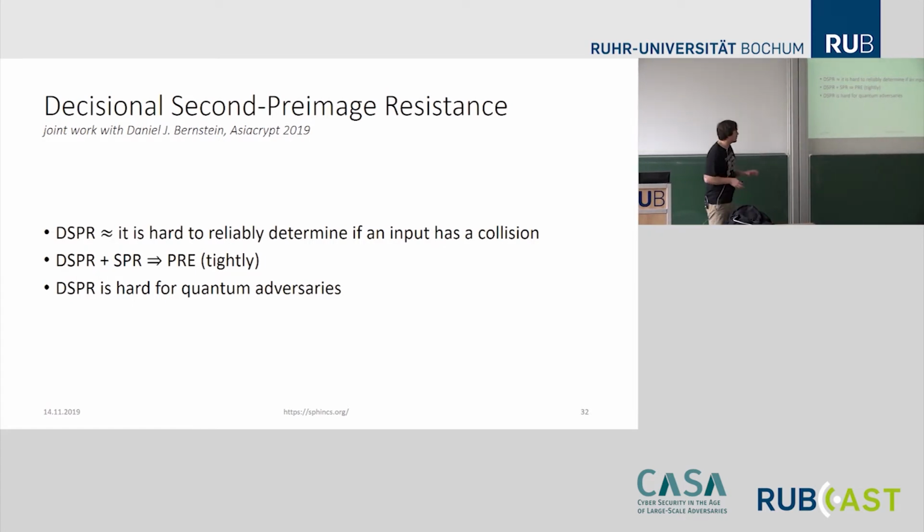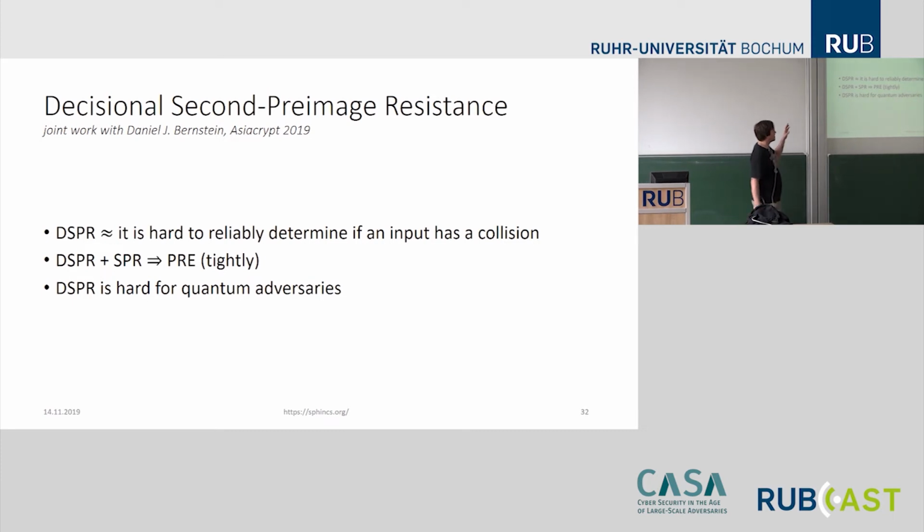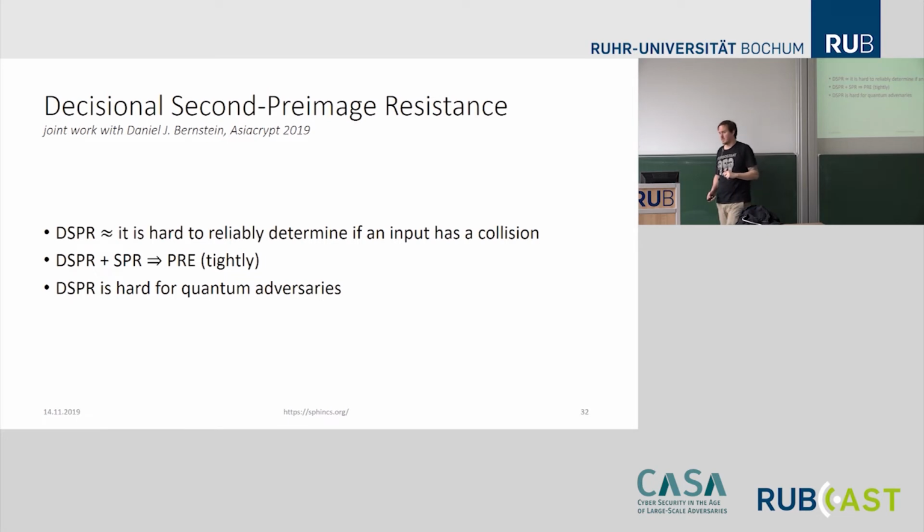So decisional second-preimage resistance essentially says it is hard to reliably determine if an input has a colliding value or if it doesn't. And you can actually show that if you have an adversary that breaks preimage resistance, then that adversary either breaks second-preimage resistance or decisional second-preimage resistance.